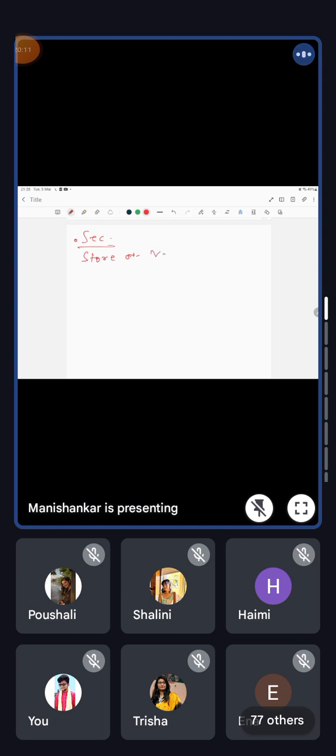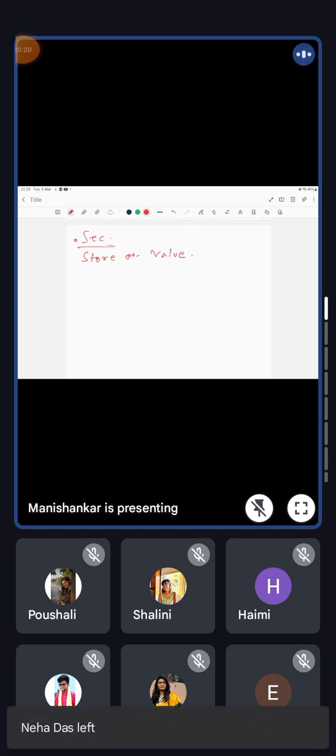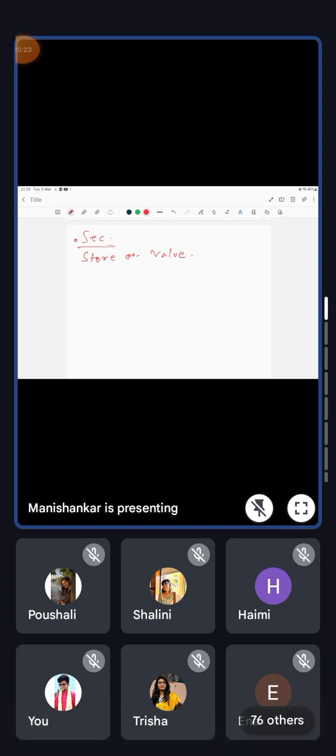Okay, now under secondary another one is store of value. So basically people have to keep a store of value for various purposes. For example, suppose a cultivator who produces a particular kind of crop in a year must have some means of purchasing his requirements throughout the year.